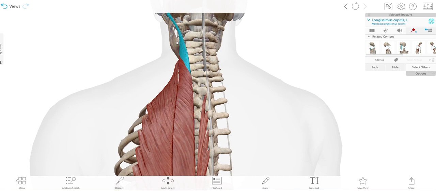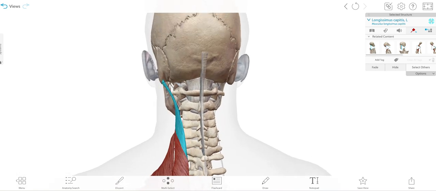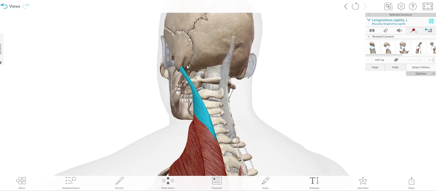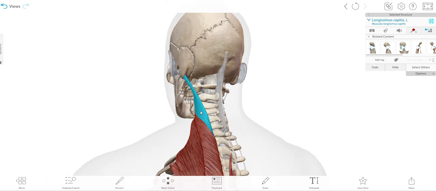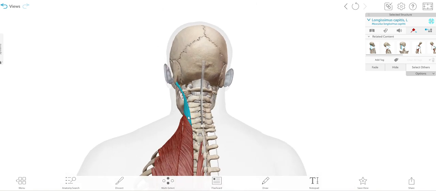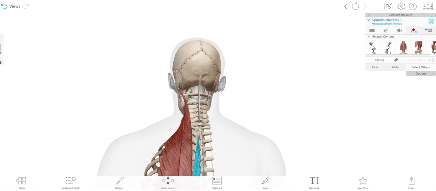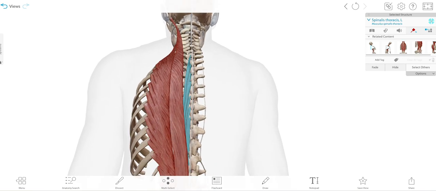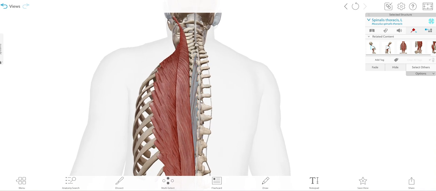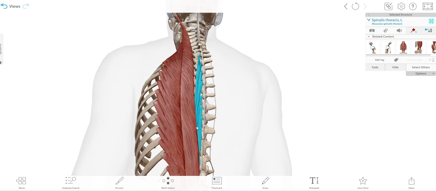We can also see longissimus coming up onto the skull in the capitis region. And we can also see spinalis inserting onto some spinous processes on select vertebrae.